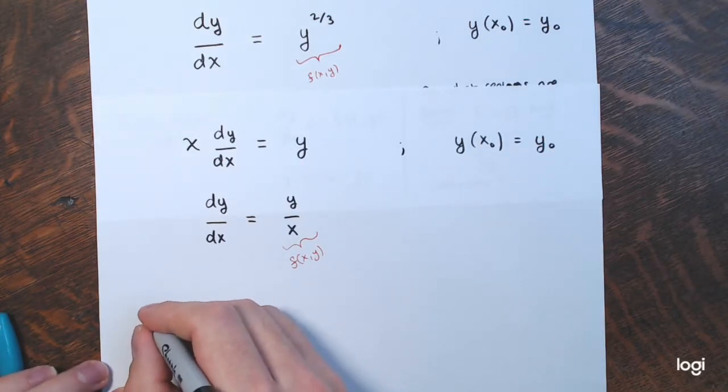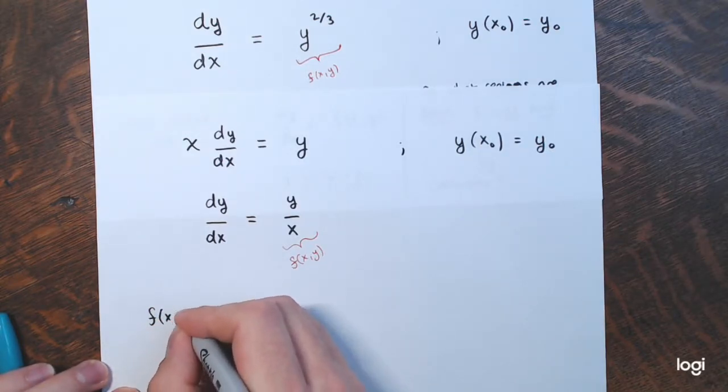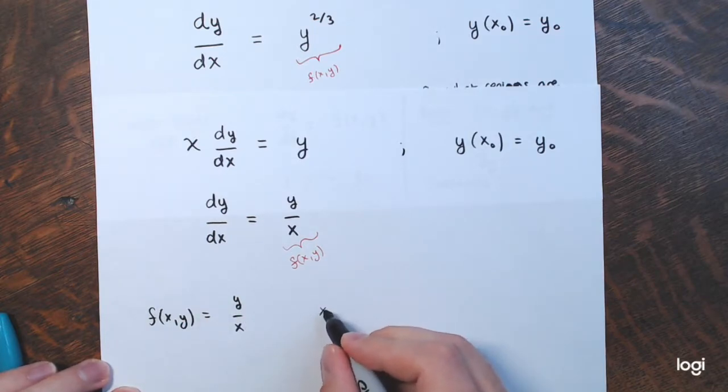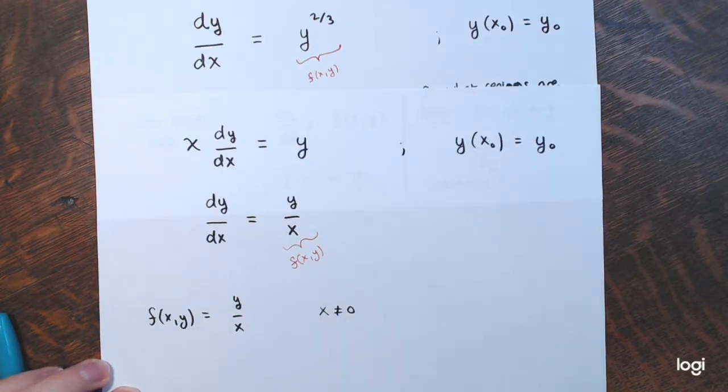F of xy is y divided by x, so clearly x can't be 0. If x were equal to 0, this would not be defined and therefore not continuous. It's a rational function, so it's continuous everywhere else, except on the line x equals 0.